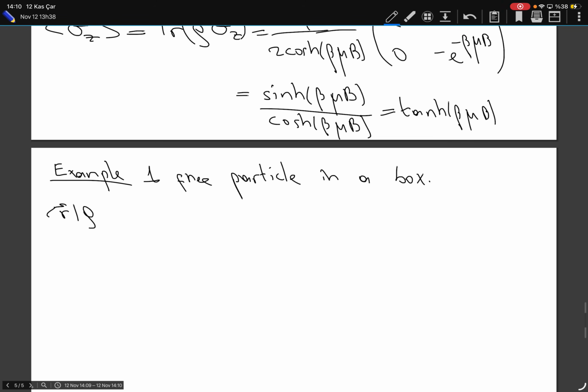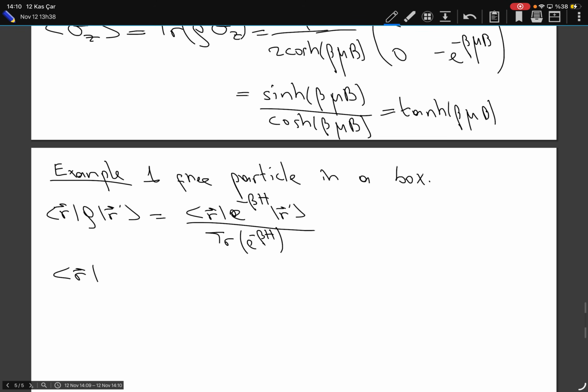Let's look at the matrix elements of rho in position space, for different r and r prime, or the same r and r prime values. We have to calculate the matrix element of e to the power minus beta H between r and r prime, and then calculate its trace. So let's look at that matrix element of the exponent of the Hamiltonian.